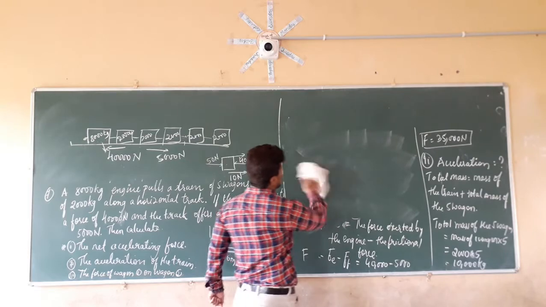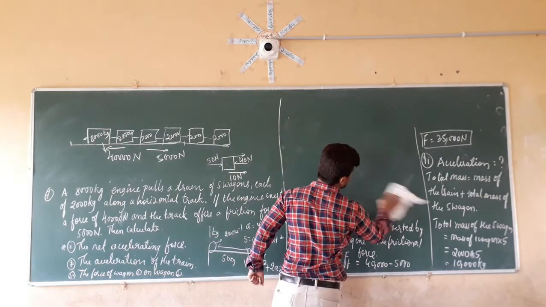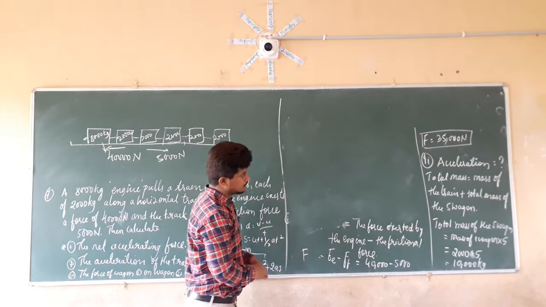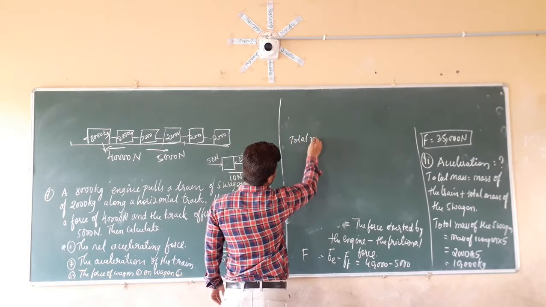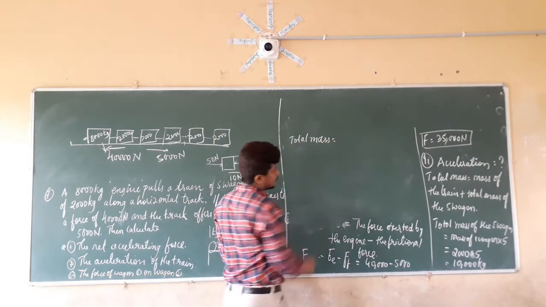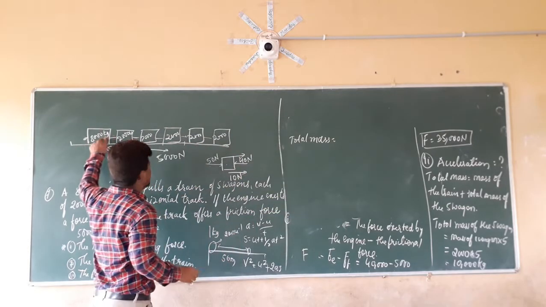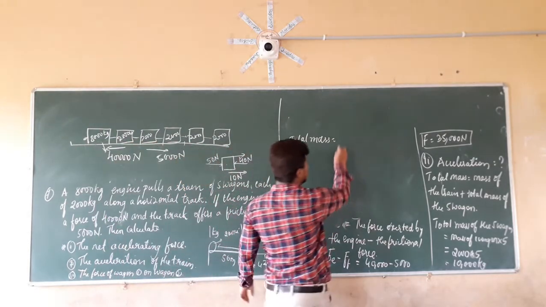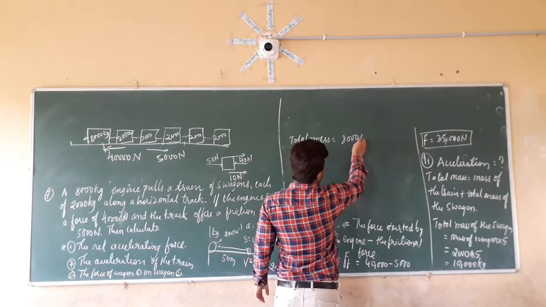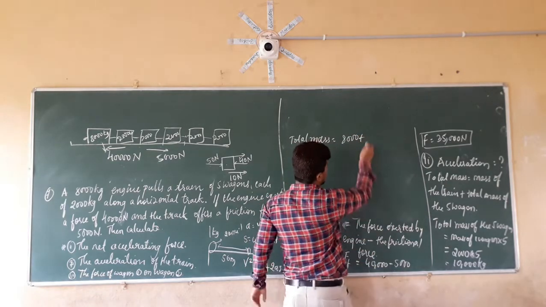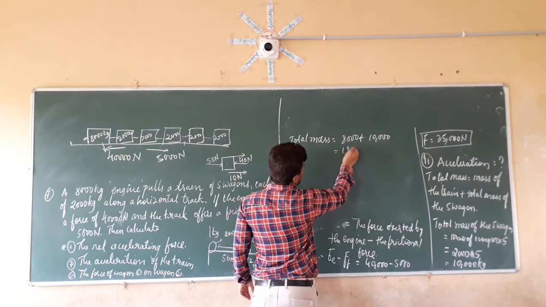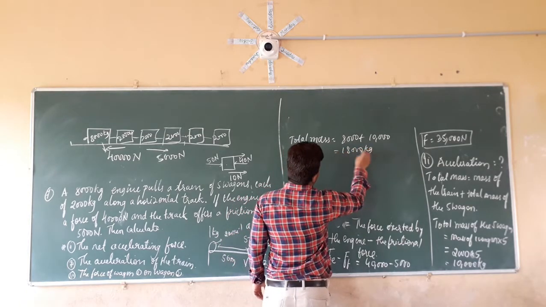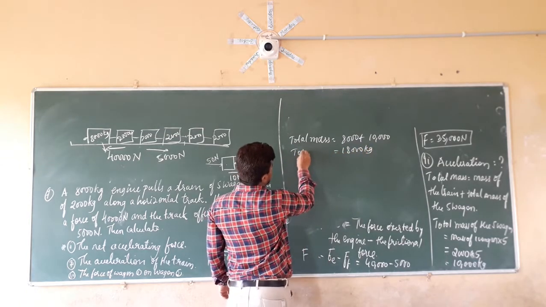So what will be the total mass? Total mass is equal to the mass of the engine, which is given as how much? 8,000, plus the mass of the 5 vehicles, which is equal to 10,000. That is equal to how much? 18,000 kg. This is the total mass.